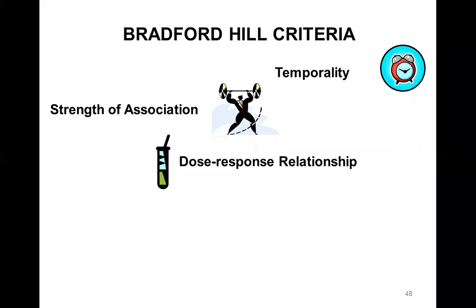So we have adjusted over the last 60 years a little bit in relying on dose-response relationship, but typically you expect to see a dose-response relationship of some kind. And so are lower doses causing less of the complaint or associated with less of the complaint, whereas at a higher dose, you see more of the complaint. That's dose-response relationship.